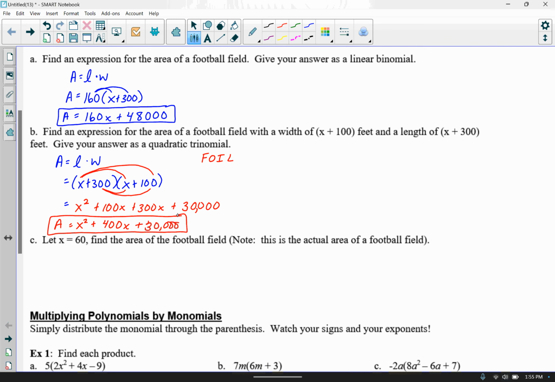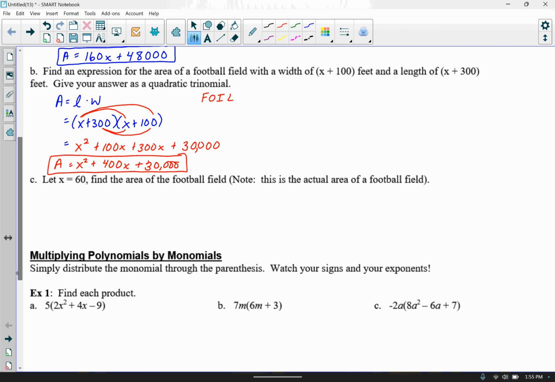In part C, it says, let x equal 60, and it wants us to find the area of the football field. And just so you know, this is the actual area of a football field. So that means go into our formula that we just found. Everywhere we see an x, we're going to plug in 60. So I have 60 squared plus 400 times 60 plus 30,000. You can do that in your calculator all at one time, but I'll show a little bit of work. So 60 squared is 3,600, 24,000 on the next term, and 30,000 on the last term.